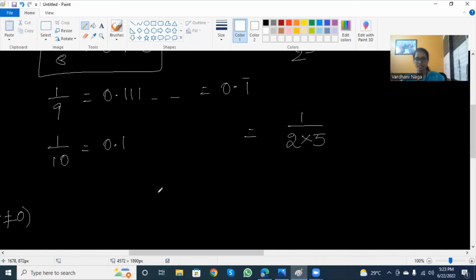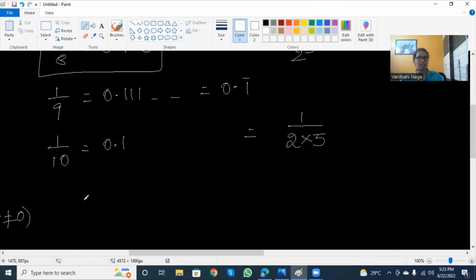So what it says, rational numbers are nothing but terminating ones, which contain 2 or 5 or both 2 and 5 in the denominator. And all the remaining ones, which are non-terminating, are said to be irrational numbers.